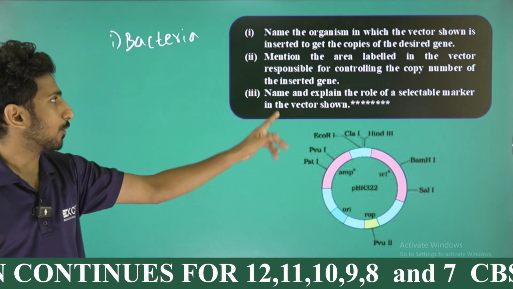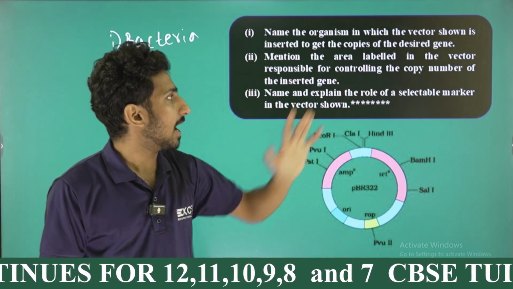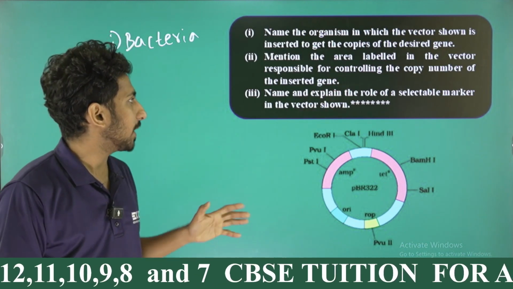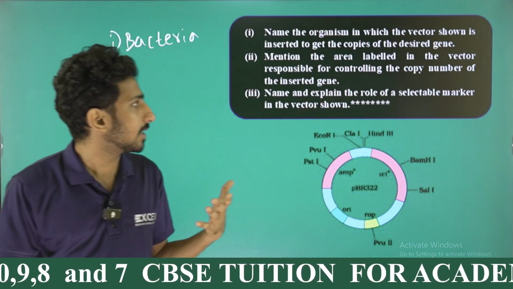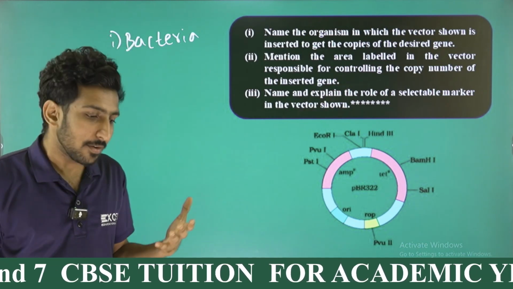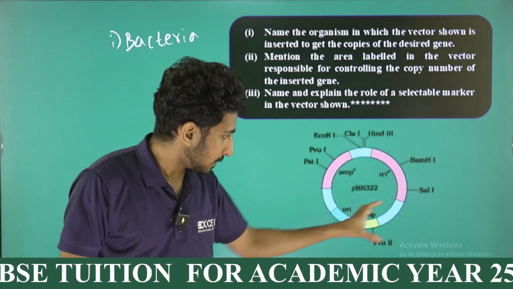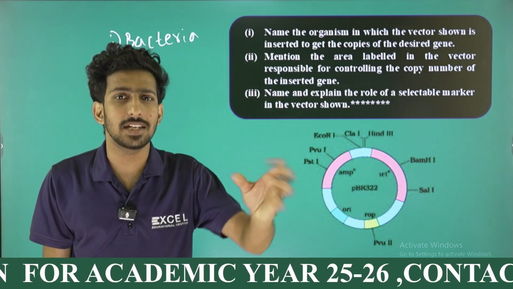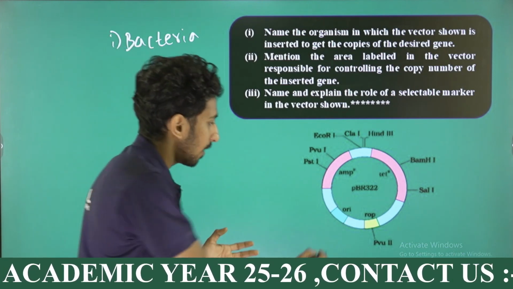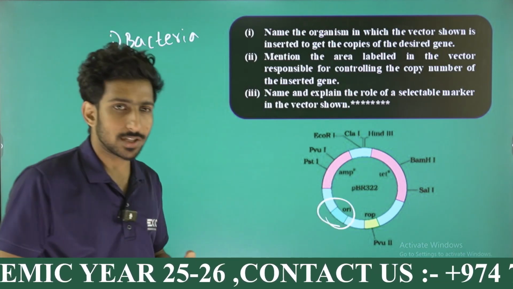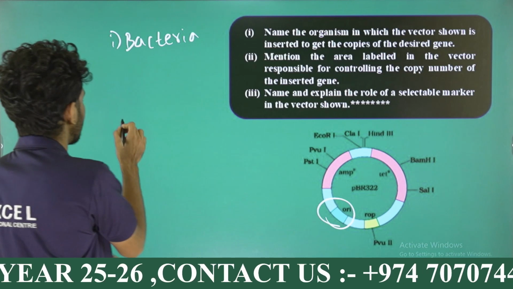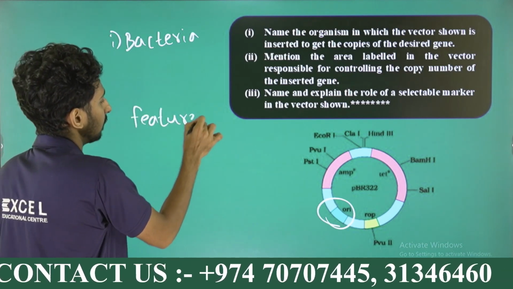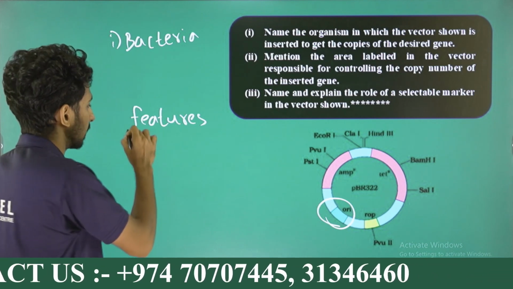Got it? Second one, mention the area labeled in the vector responsible for controlling the copy number of the inserted gene. Okay, come on. Which part, which DNA sequence is responsible for controlling the copy number? You know that ORI site controls the copy number. There are three features for a cloning vector.